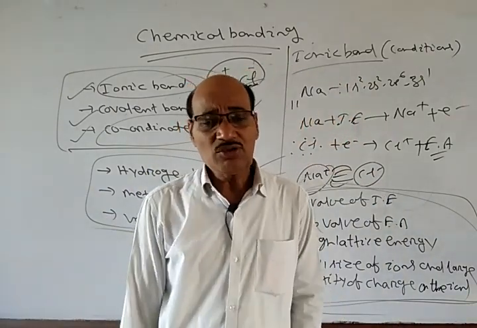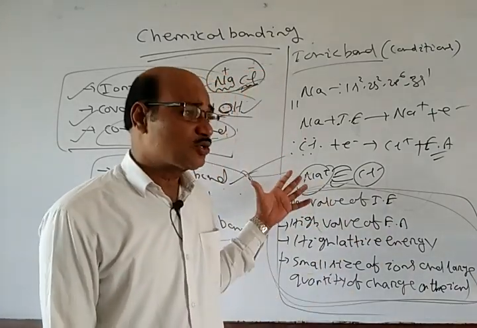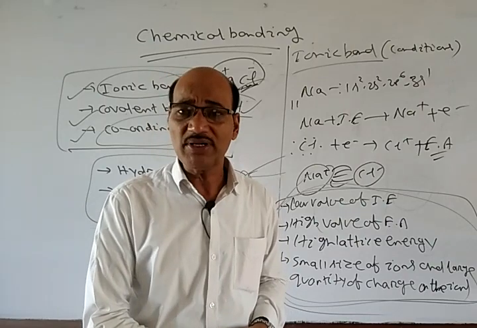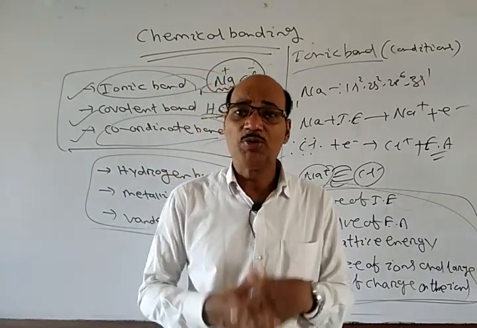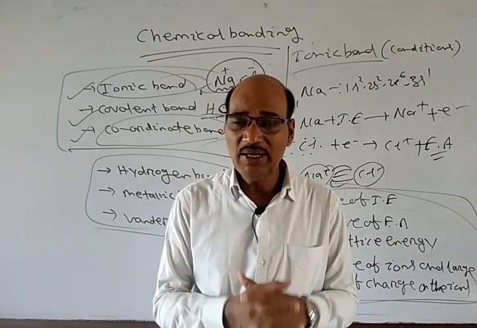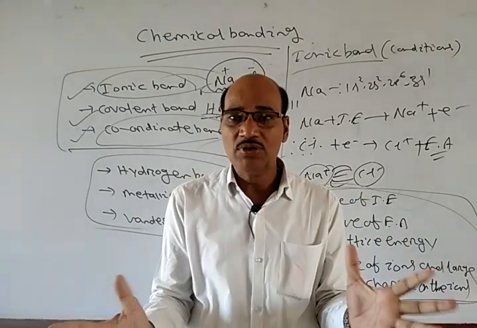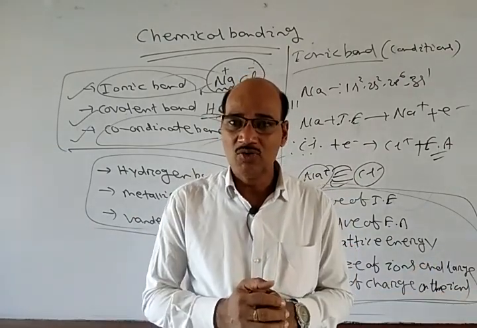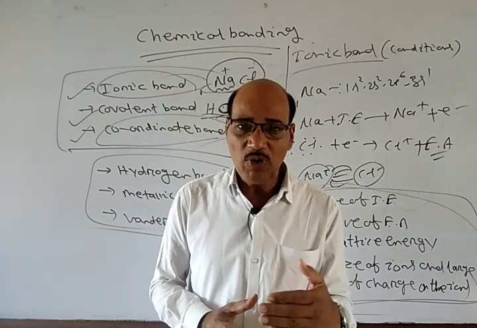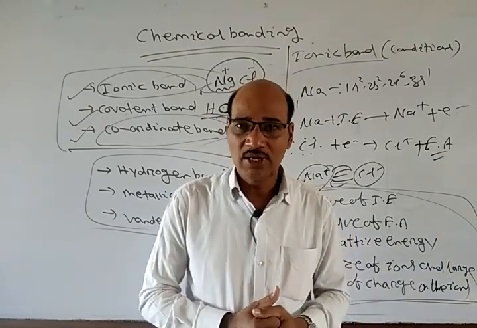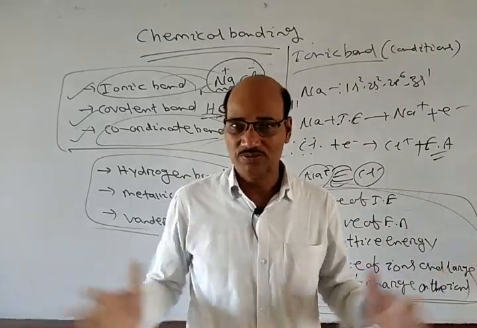And one thing we also have to remember: whenever atoms combine to form a chemical bond, whenever two atoms come close to each other, two different kinds of interactions occur. One is the attractive force between the electrons of one and the nucleus of the other. And also the repulsive force between the electrons of both and the nuclei of both.